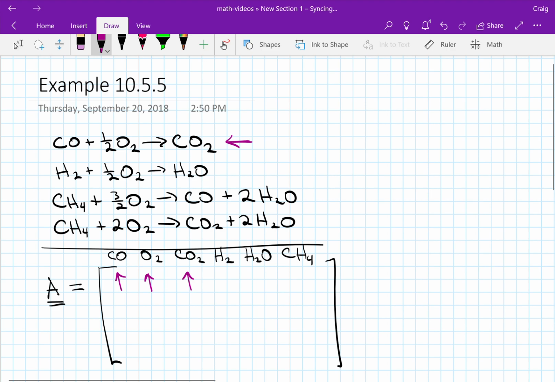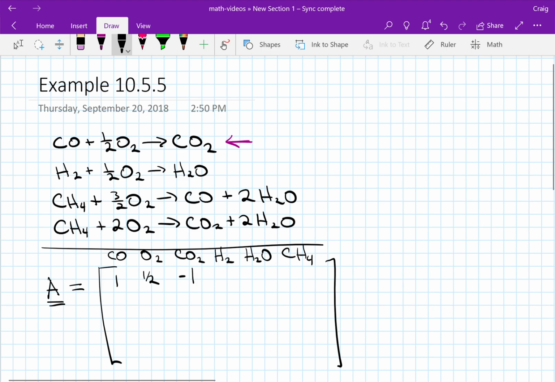So carbon monoxide and oxygen are reactants and CO2 is a product. I can write that balance as 1 unit of carbon monoxide plus half a unit of oxygen has to equal, this is on the other side of the equation, become 1 unit of carbon dioxide.